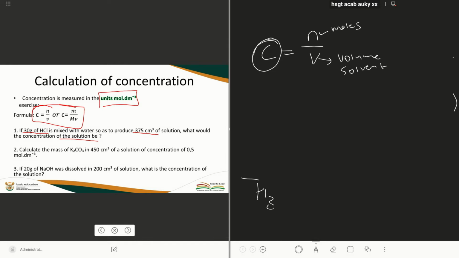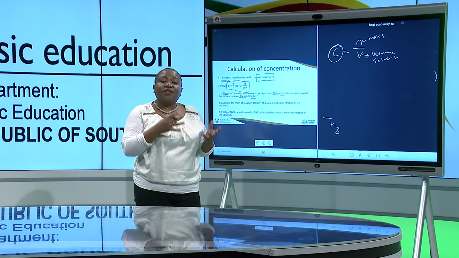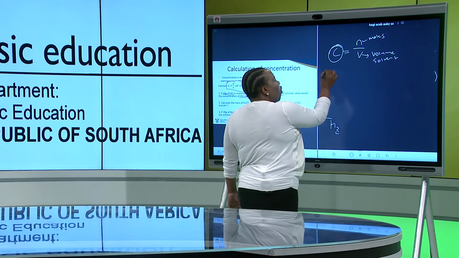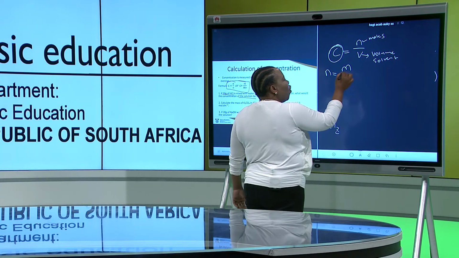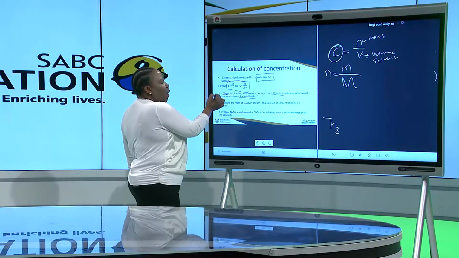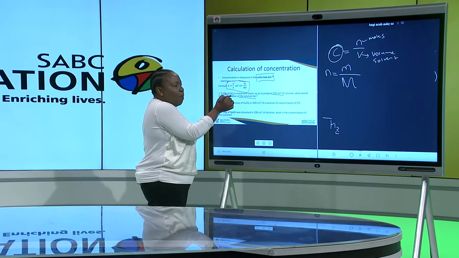If you are given the mass and the molar mass, the information that the examiner is actually giving you is the number of moles. Remember, the number of moles is calculated as mass over the molar mass. Therefore, from the information about hydrochloric acid, we are given the mass and the molar mass.